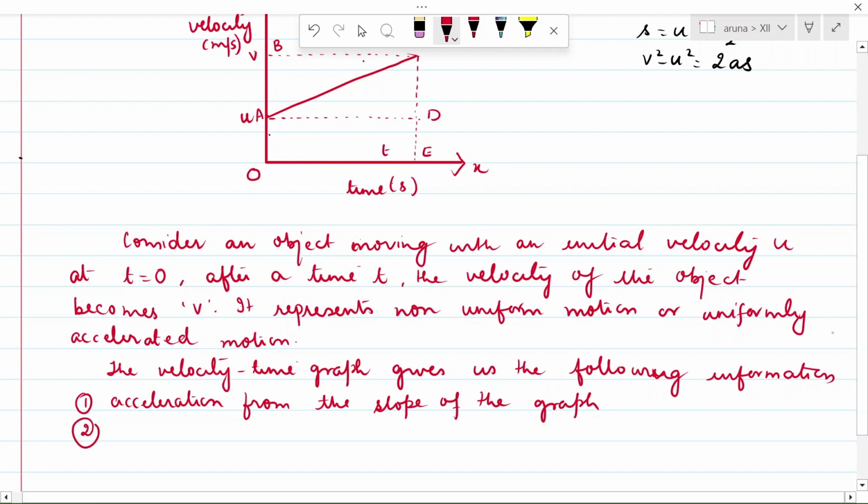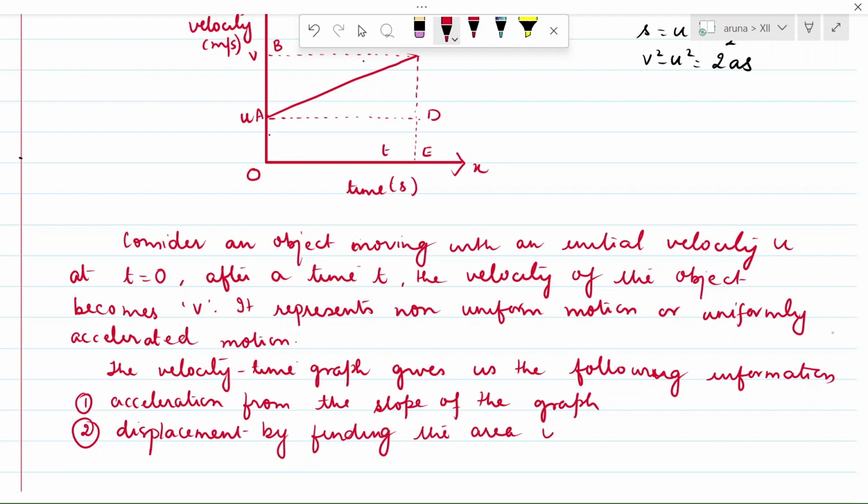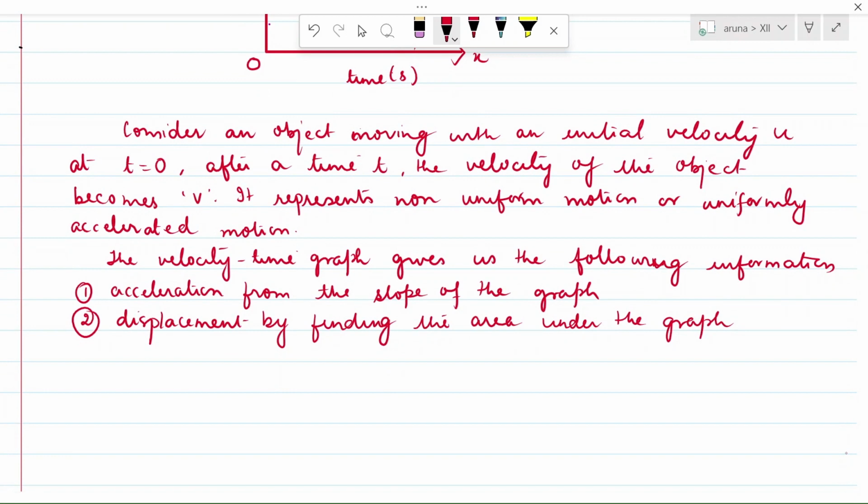Then you can also find the displacement by finding the area under the graph. So we'll start with the equation derivation. We have to derive 3 equations.